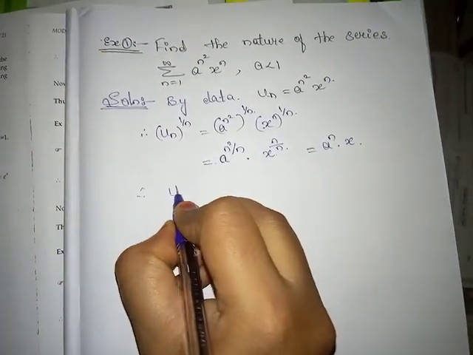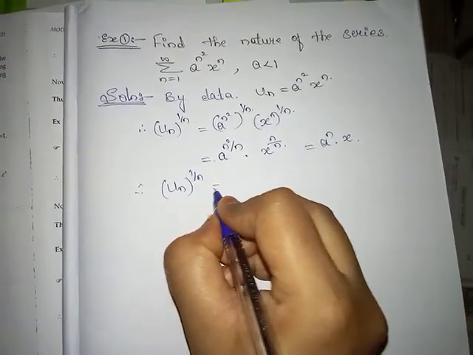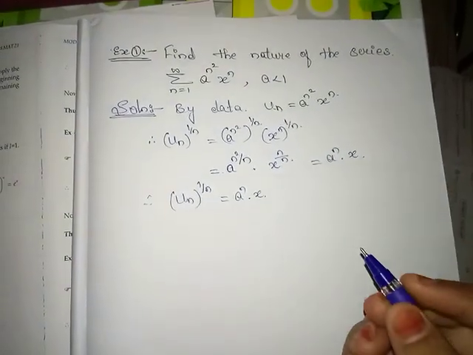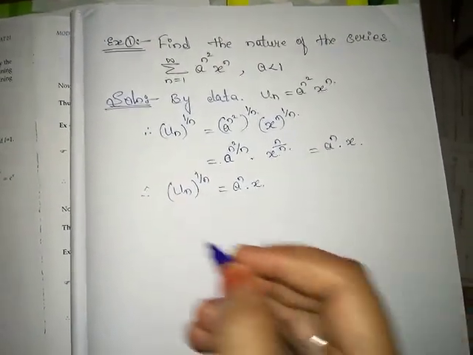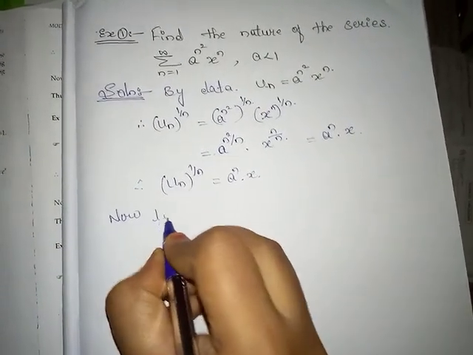Therefore summation un raised to 1 by n value is a raised to n into x. Now apply the limit for this one.